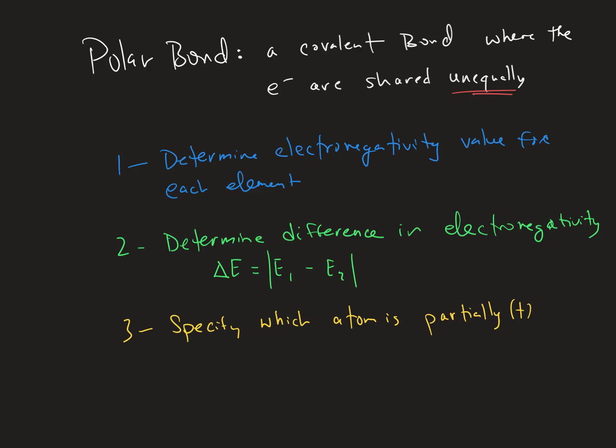But, so partially positive, I'm going to give it delta plus. That's what we use in chemistry. It's just a Greek letter, okay? Specify which atom is partially positive and partially negative. And that's delta minus.